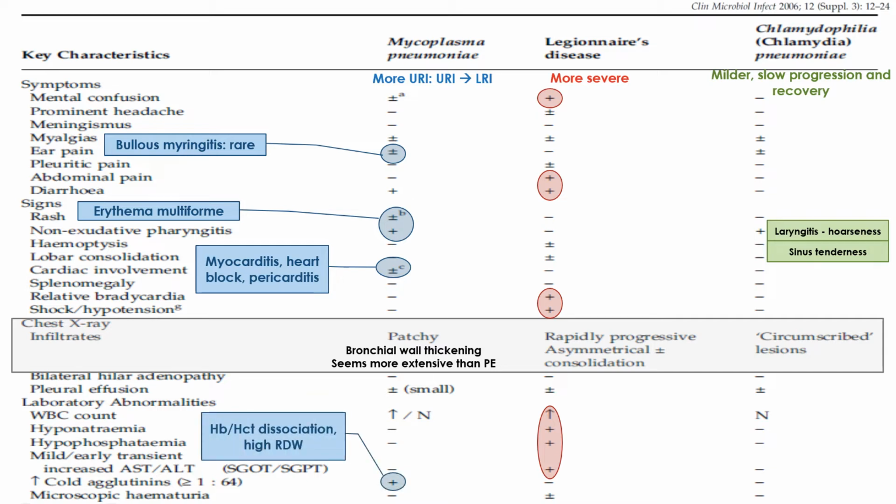Mycoplasma has some labs that should help you recognize it: hemoglobin-hematocrit dissociation or positive cold agglutinin. You can see from the CBC that the leukocytosis is not striking, but the hemoglobin and hematocrit are not consistent.